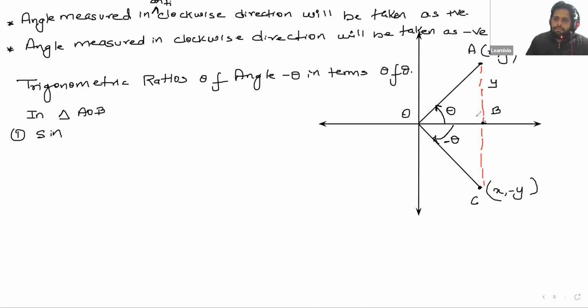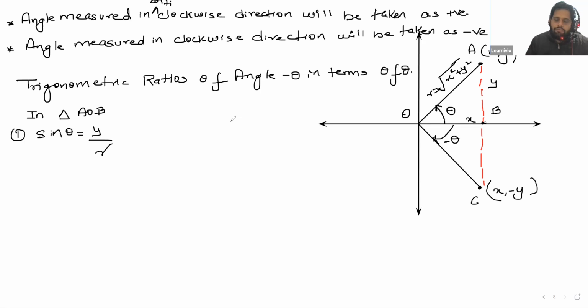This is y, this is x, and this we will take as minus y. Sine theta is perpendicular by r, where r is under root of x squared plus y squared. So sine theta is y by r. Y is positive and r is positive, so sine theta is positive.